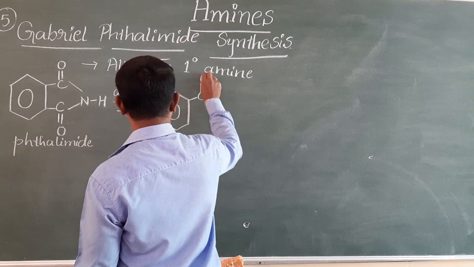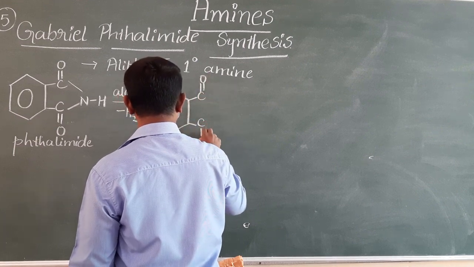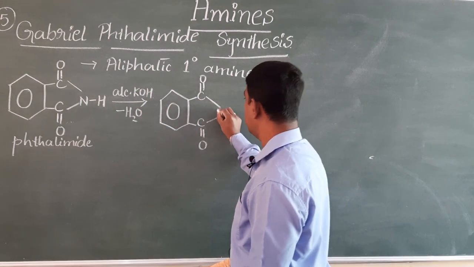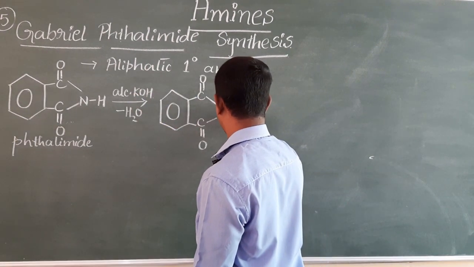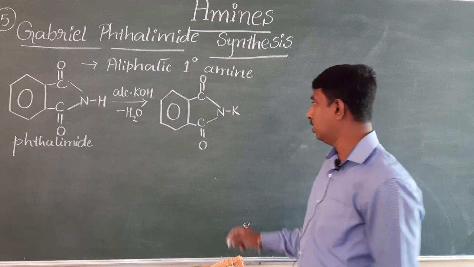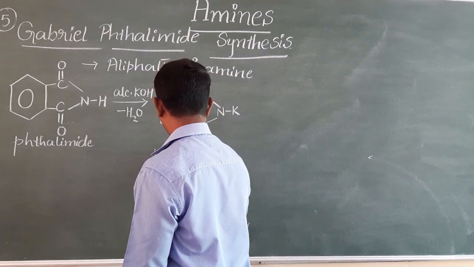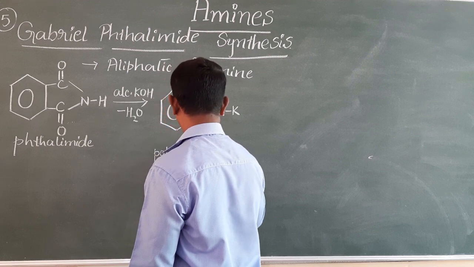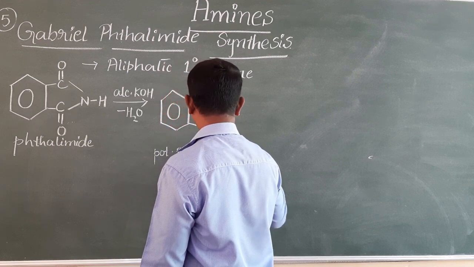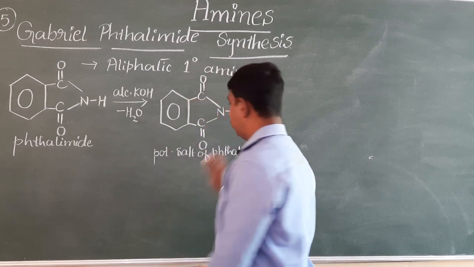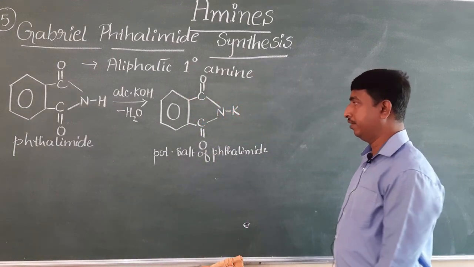Here it is C double bond O, again C double bond O. Now NH becomes NK. This is the potassium salt of phthalimide.